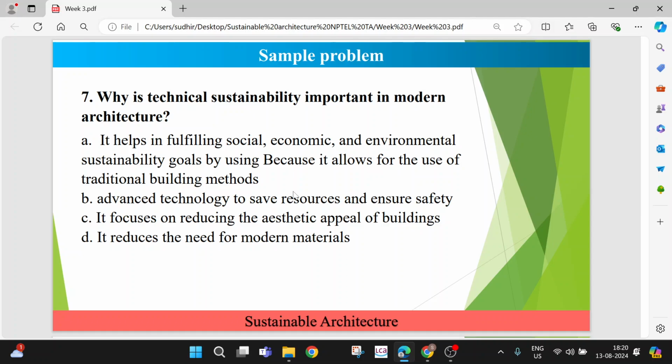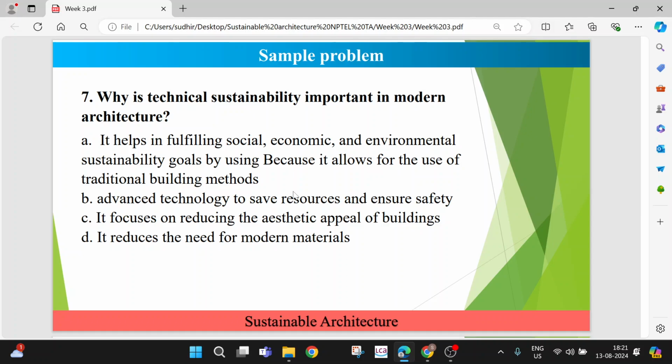Technical sustainability is important in modern architecture because it helps in fulfilling the social, economic, and environmental sustainability goals by using advanced technology to save resources and ensure safety. If you look at video lecture 11 of this week 3, you will find it well explained that technical sustainability is crucial because it integrates advanced technologies that support the goals of social, economic, and environmental sustainability.